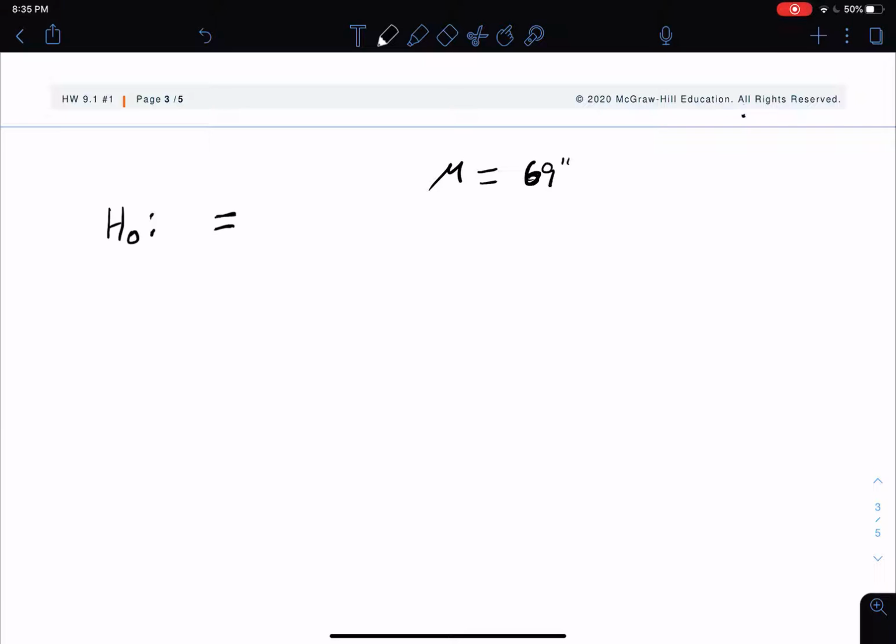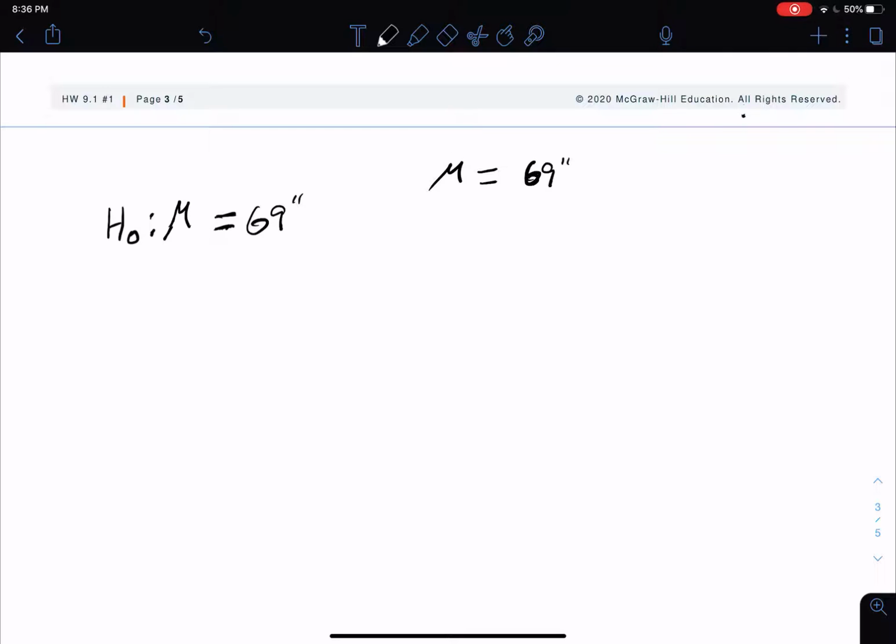Some books like to do it that way, but it will always have some sort of equal sign involved, and that's our assumption. So we're going to assume that the population mean is 69 inches. That's what they told us: the average height of males in the United States is 69 inches.